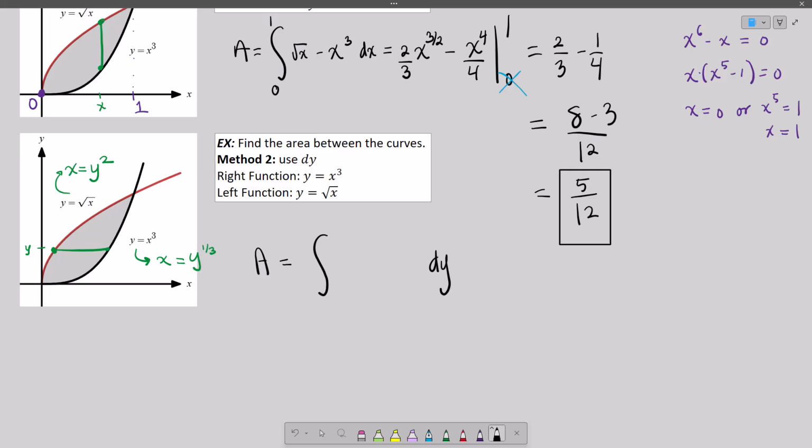One third, the green one down there? Yeah, 1/3. It's y equals x to the third root of each side.